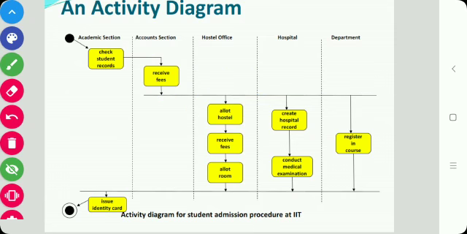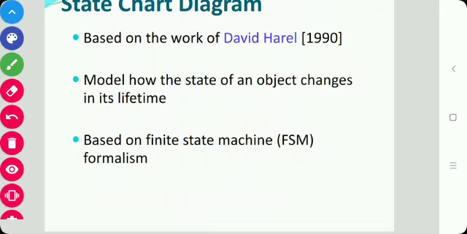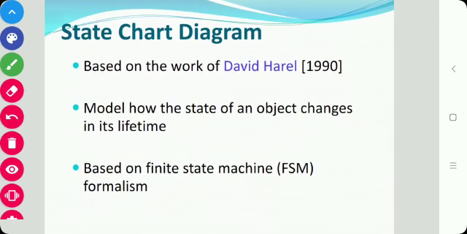Okay. Now, next is state chart diagram. A state chart diagram is normally used to model how the state of the objects changes in its lifetime.